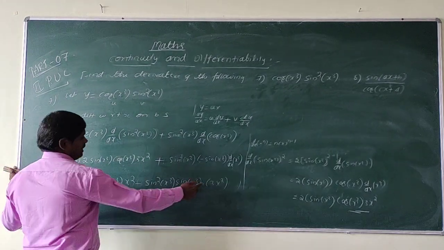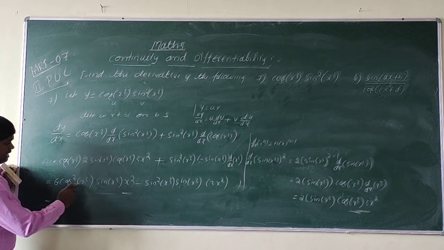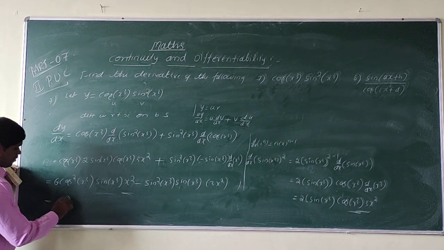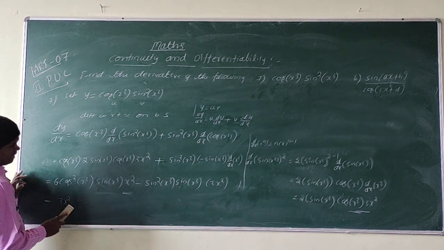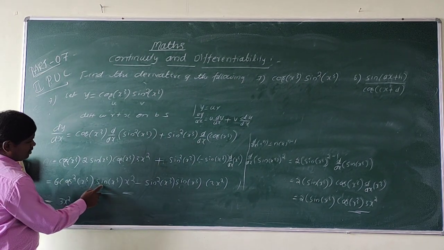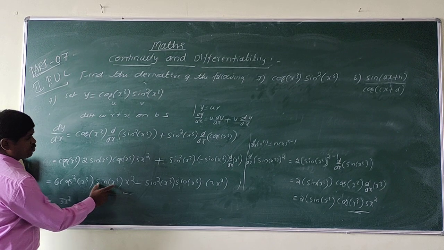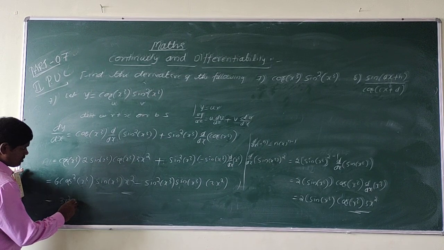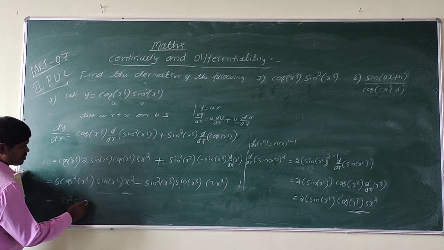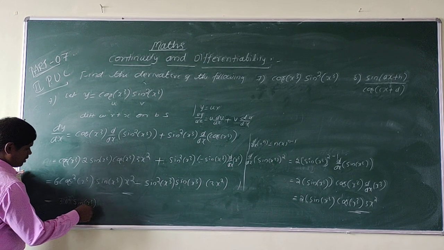I am taking 3x square as common. 3x square into sin x cube, because sin x cube is common here, and also sin x cube is there in the other term. So I am taking sin x cube as common.